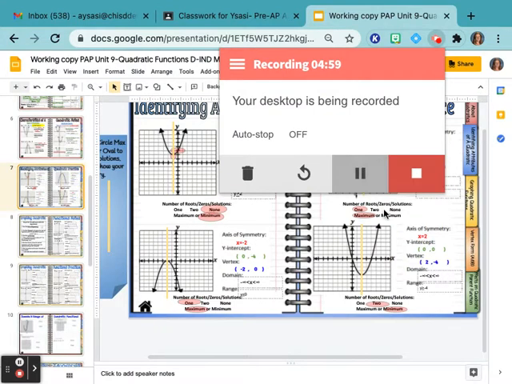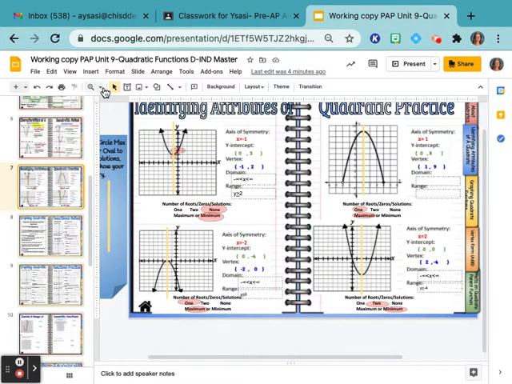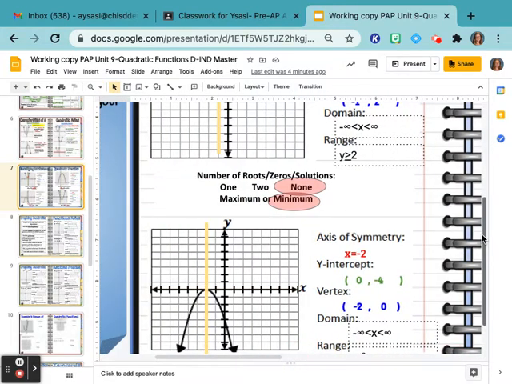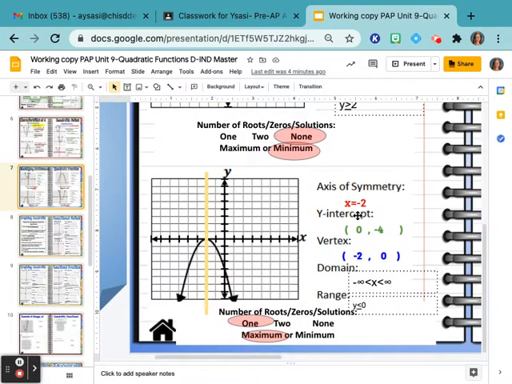Okay, you should be done with them now. So we are going to go over each graph. So bottom left, the axis of symmetry is x equals -2. Y-intercept, (0, -4), which would be right here. Vertex, (-2, 0). Sorry, it's frozen up there.